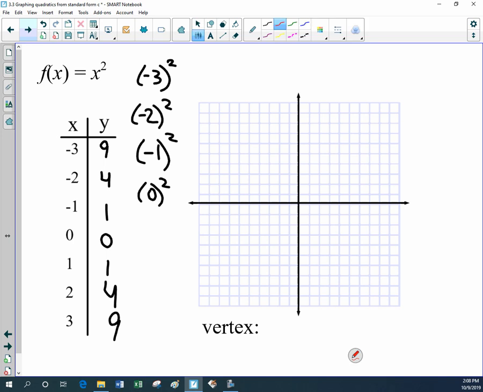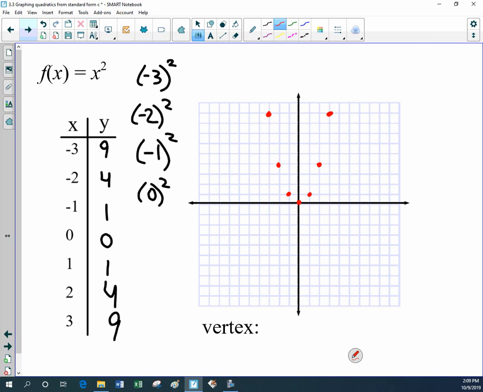Okay, so with these ordered pairs, let's plot these points over here. So we have -3, 9. So -3, 9 would be right here. -2, 4 is right here. -1, 1 is right here. 0, 0. 1, 1. 2, 4. And 3, 9. Okay, and if you notice, these points kind of mirror each other, and that's because the graph is symmetrical.